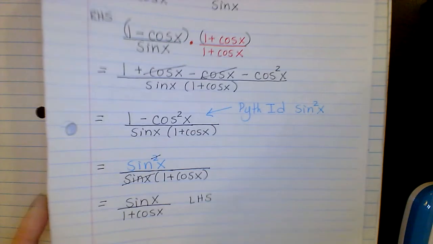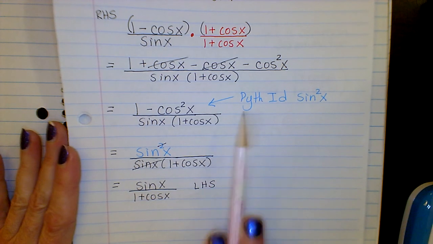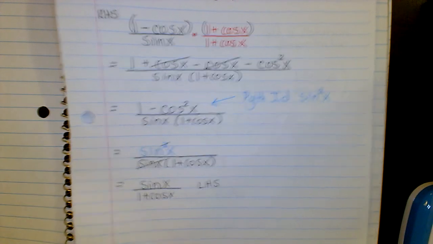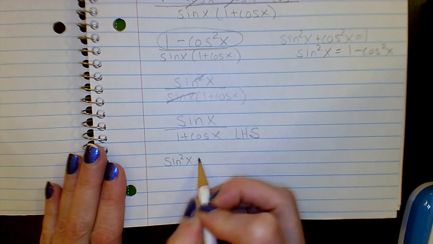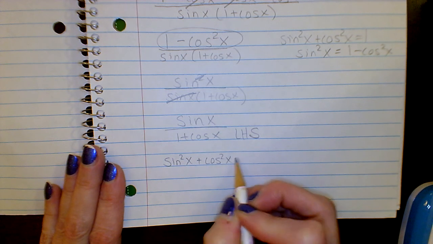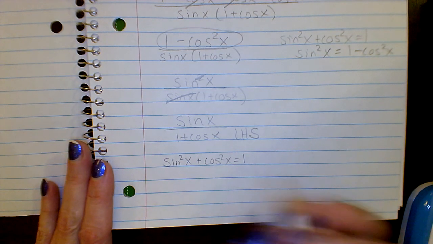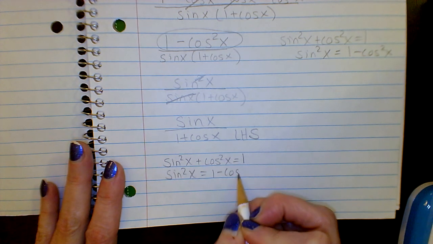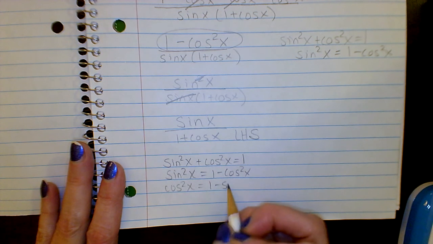And if you look at the notes, I did color code this for you so you can see the Pythagorean identity uses and stuff. But it is nice to know that when you get to the Pythagorean identities, you have that sine squared plus cosine squared equals 1. And then you have their algebraic variations of sine squared is 1 minus cosine squared, and cosine squared is 1 minus sine squared.